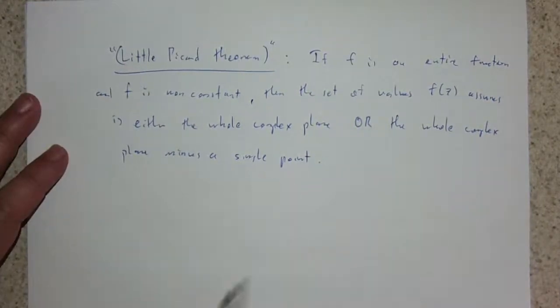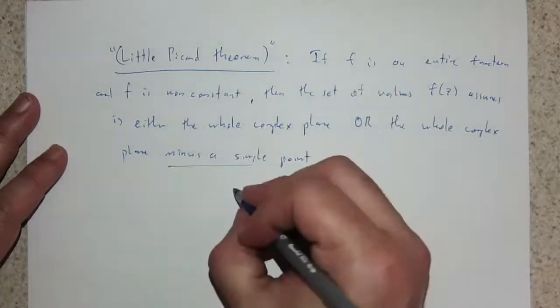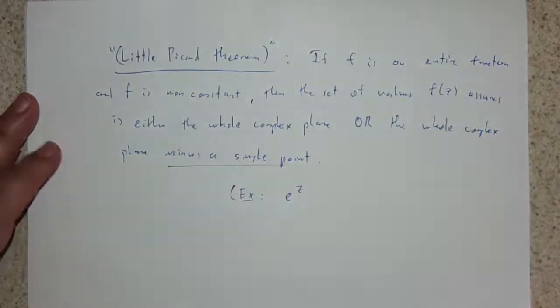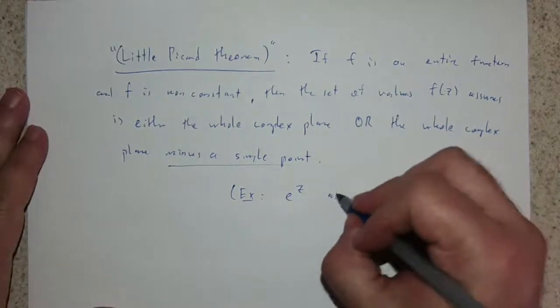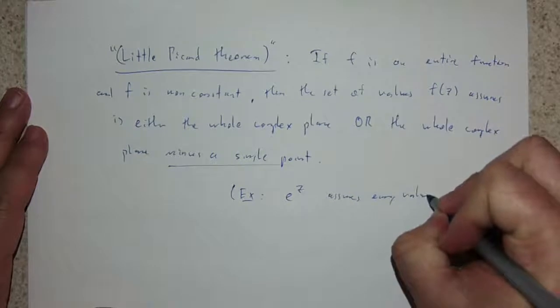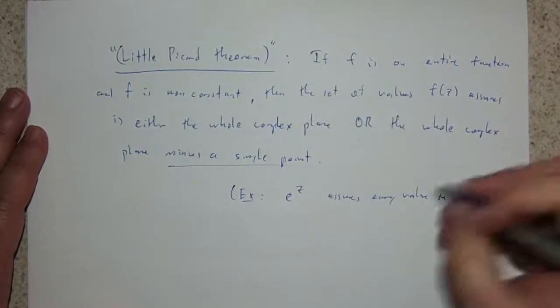Why do we have to include minus a single point? Why is that a possible exception? Quick example, you might have realized it by now: e to the z. e to the z assumes every value in C except 0.